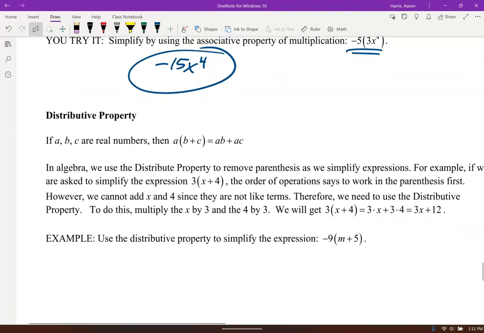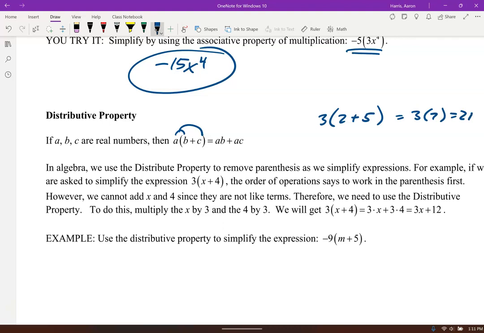Now let's finally talk about the distributive property to finish things off. The distributive property says a times the quantity b plus c is the same as a times b plus a times c. For example, 3 times 2 plus 5. Now I know that you know 2 plus 5 is 7, so this is 3 times 7, or 21, right?